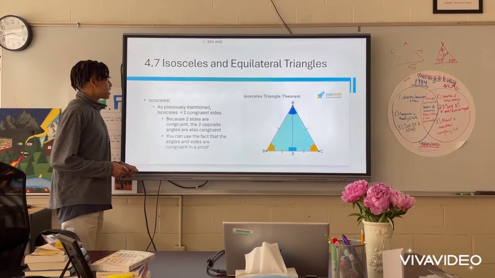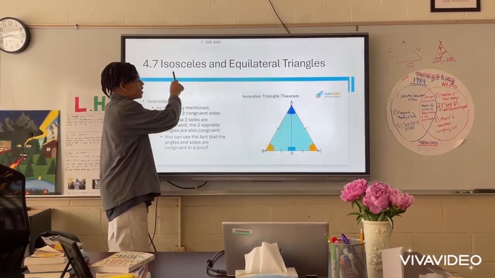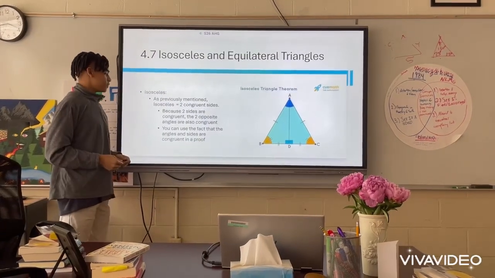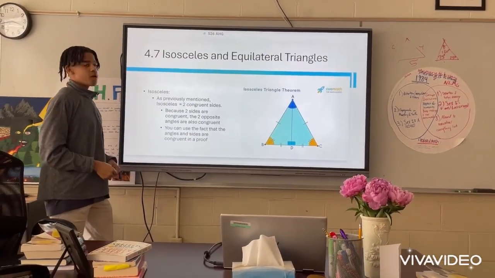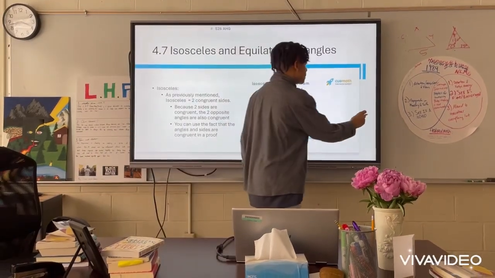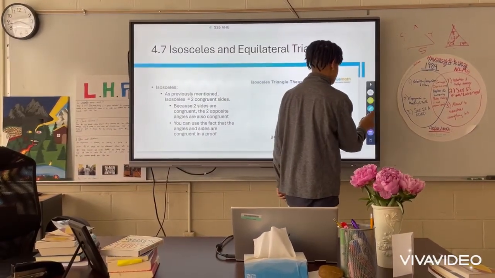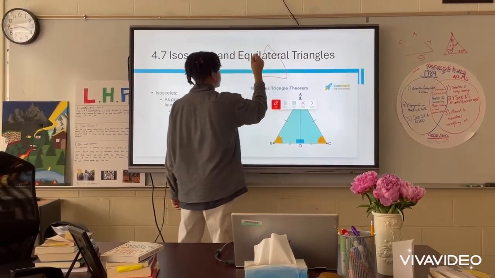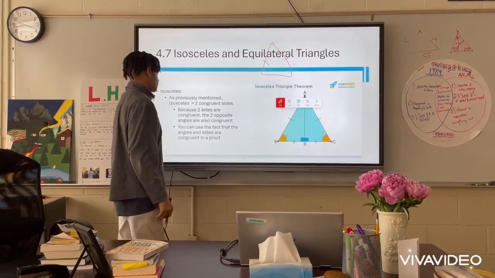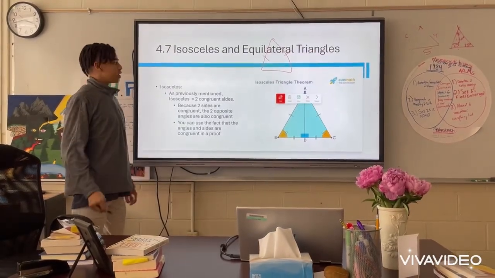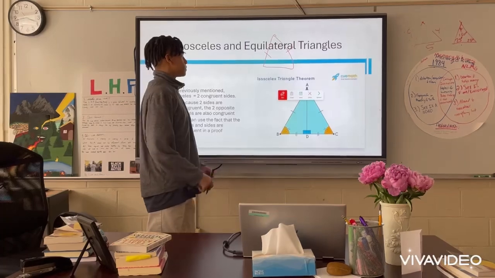So, the next slide is on isosceles and equilateral triangles. And isosceles, as previously mentioned, is when two sides are congruent in a triangle. So let me just go right over here. It just means when a triangle has two sides that are congruent. And because these two sides are congruent, the opposite angles are also congruent.